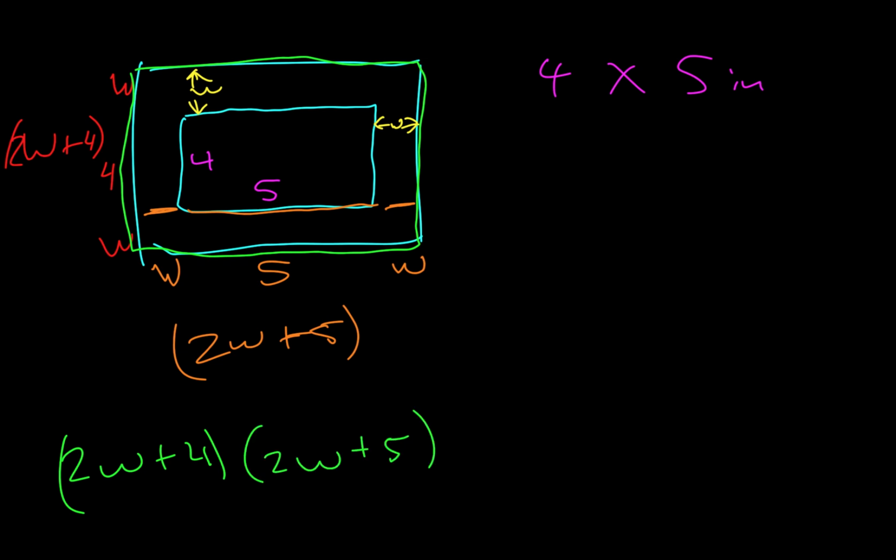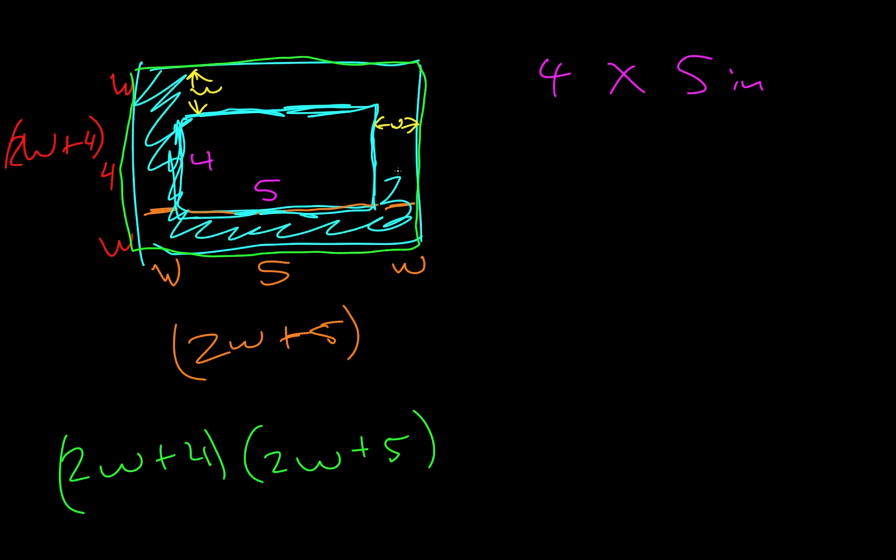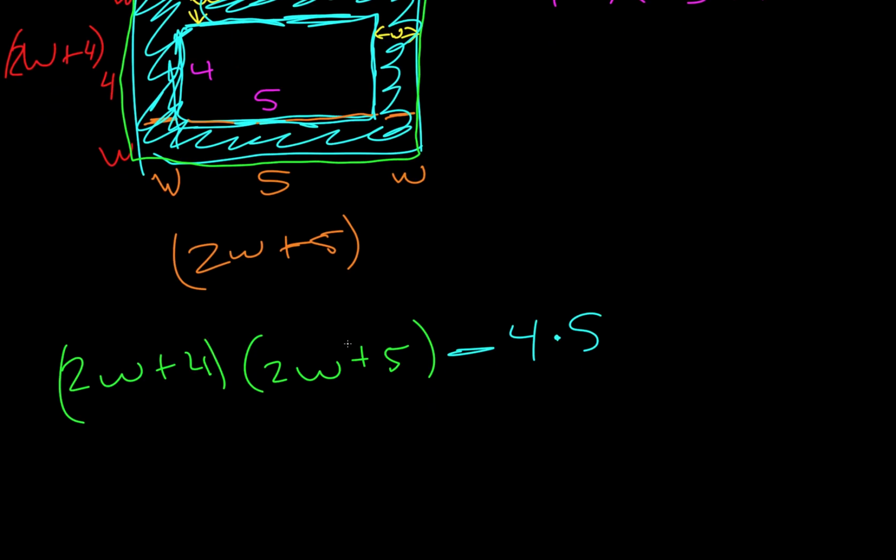But then from that, we're going to have to subtract the inner dimensions of the picture, because that doesn't contribute to the total area of the frame, which is all the stuff on the outside. So we subtract the area of the inside, which is just 4 times 5, or 20. Okay?